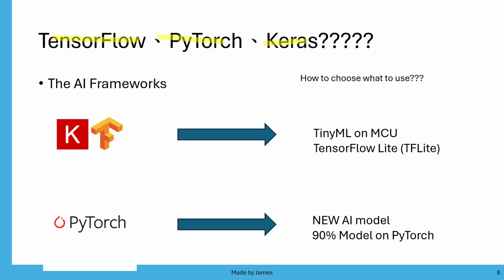So people may ask, are Keras and TensorFlow two separate things? Actually, today Keras is part of TensorFlow because Google officially acquired Keras. And PyTorch was developed by Meta. From its inception, it directly competes with Google's TensorFlow.